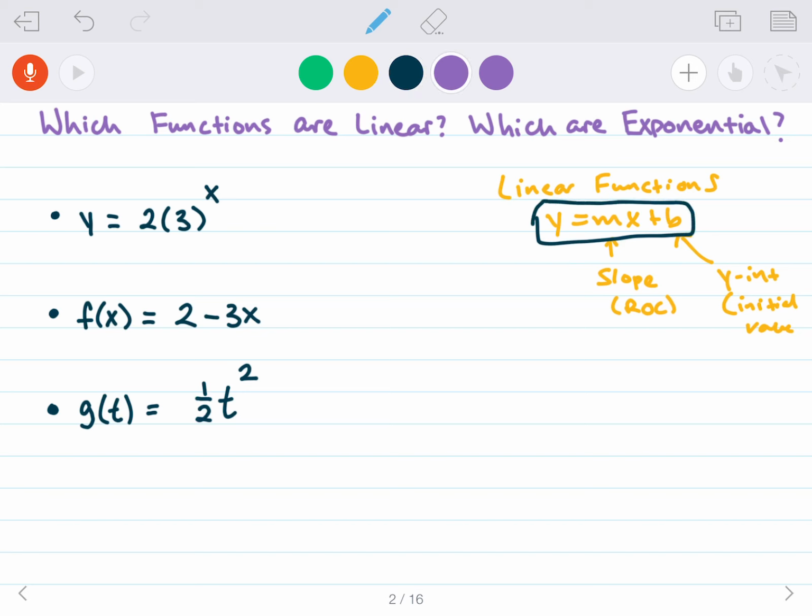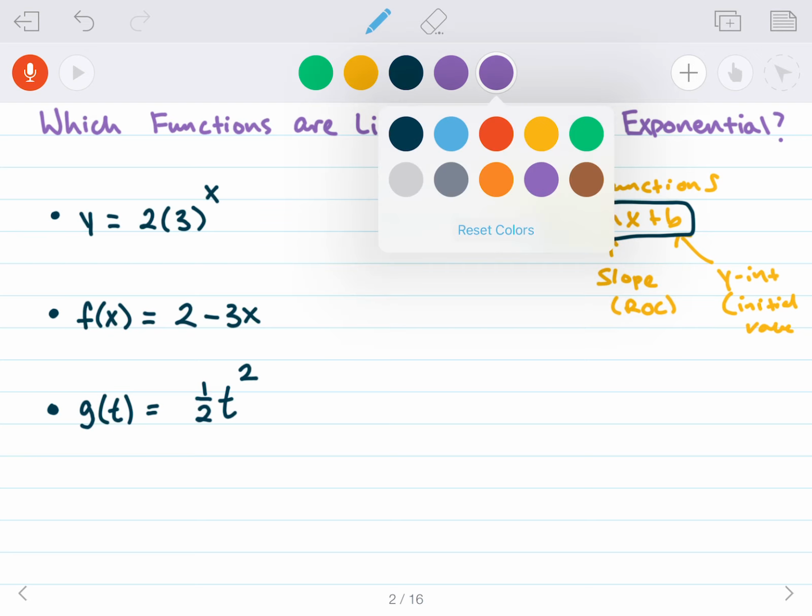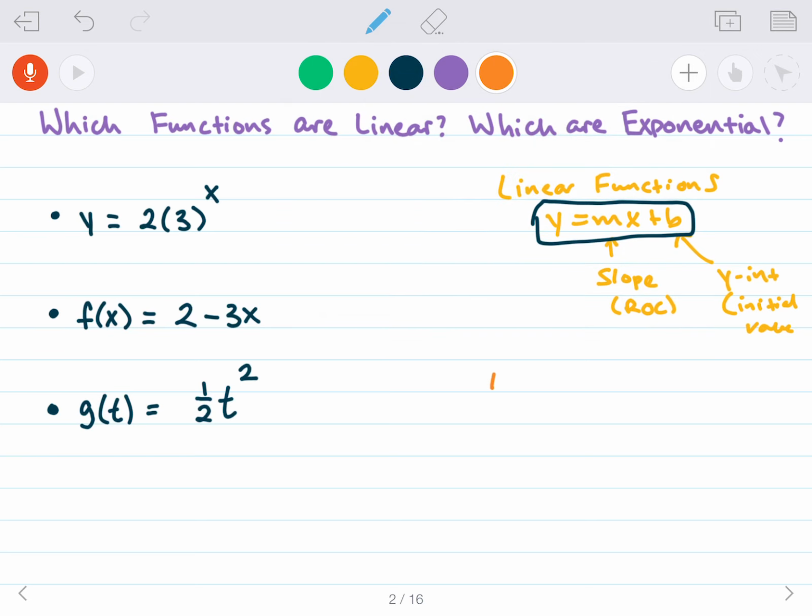On the other hand, we talked about exponential functions last time. So exponential functions, we talked about growth and decay, and both of those functions had the form y equals a times b to the x, where a was our initial value.